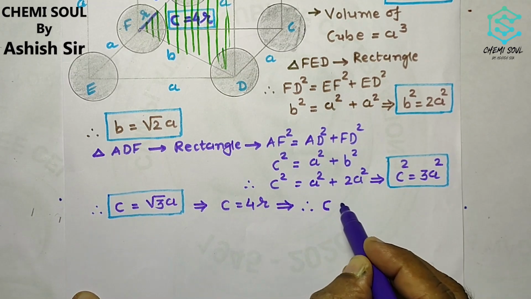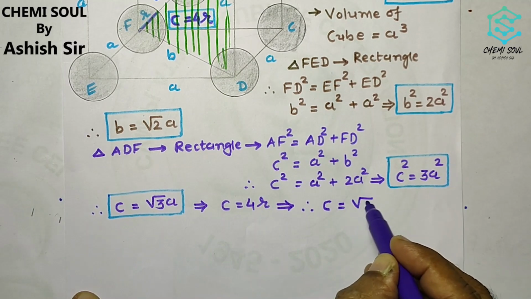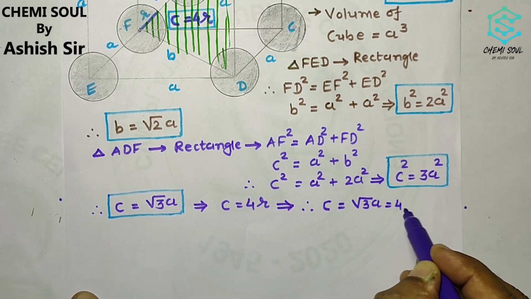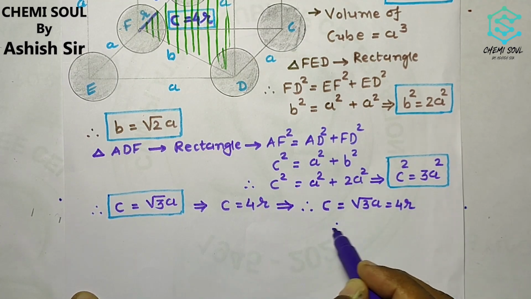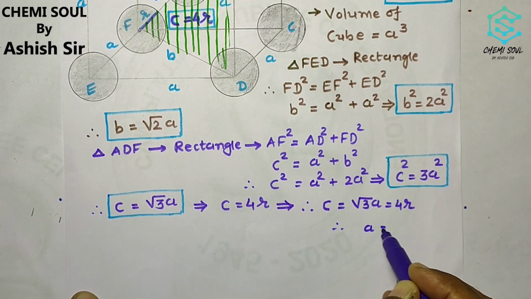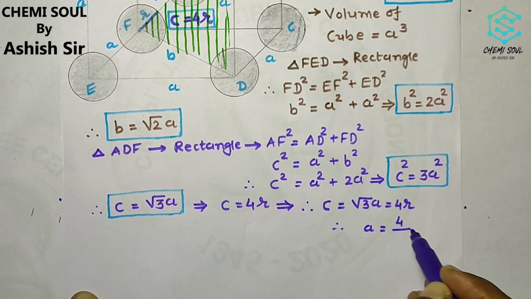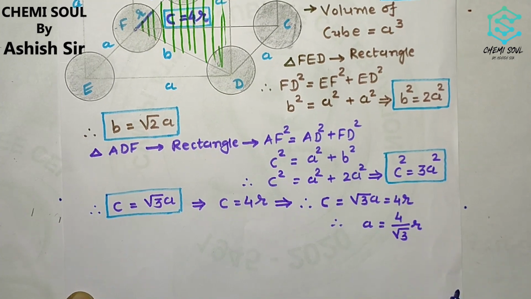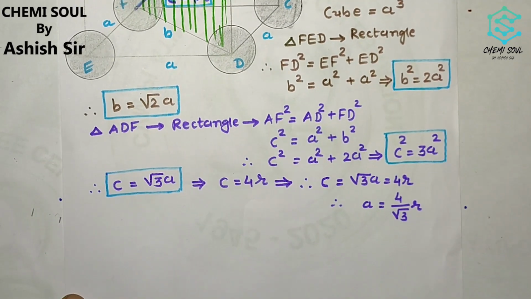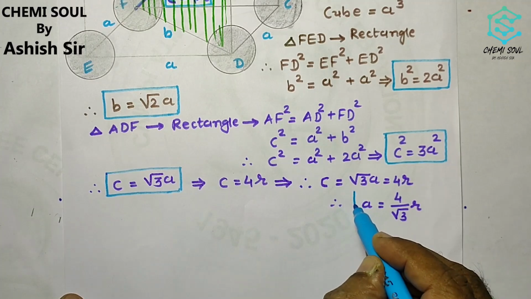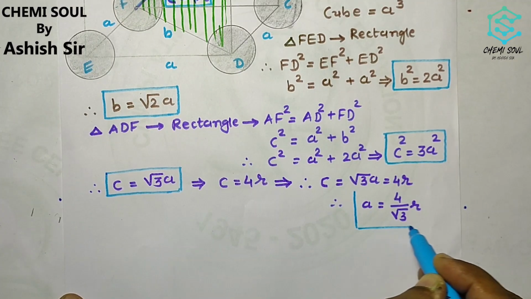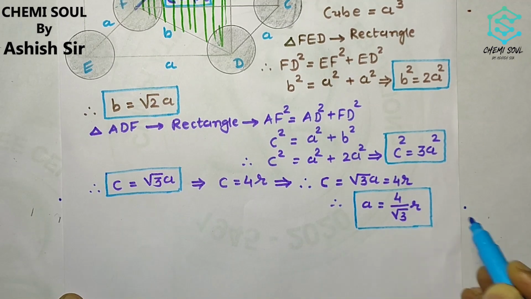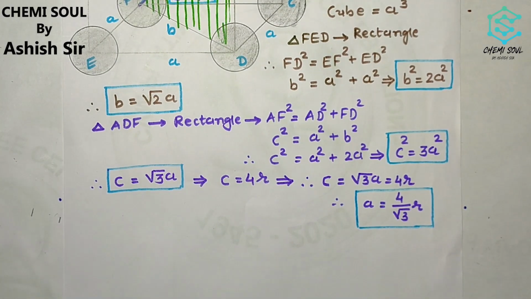Therefore, root 3 a is equal to 4r, and that's why the value of a is 4 upon root 3 r. So we have identified the value of a.